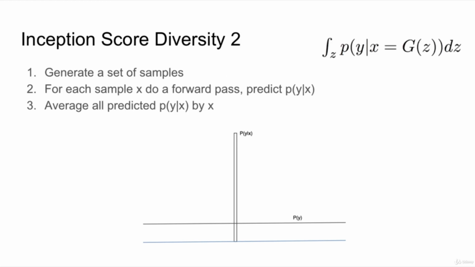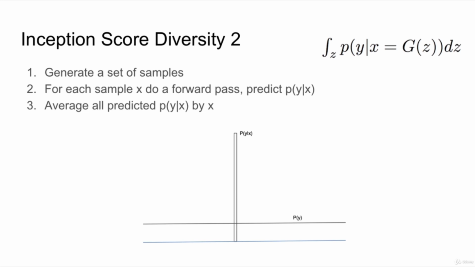Now, how to calculate P of y? We should generate a lot of images. For each of them, make a forward pass through the Inception network and predict P of y given x. Then we need to average our prediction distribution by x, by our images. X is our images. Thus, we will obtain the distribution for P of y.